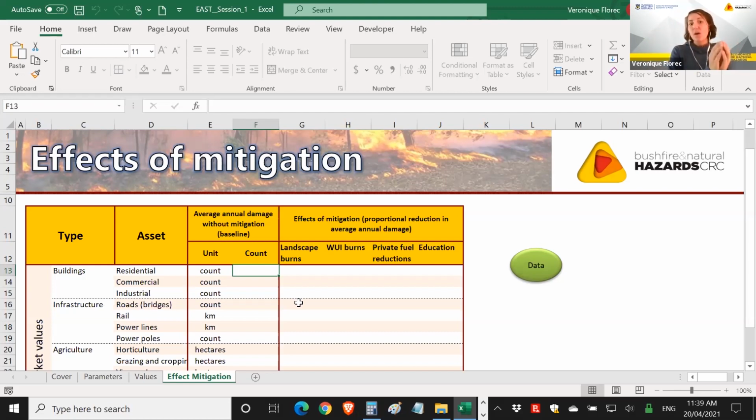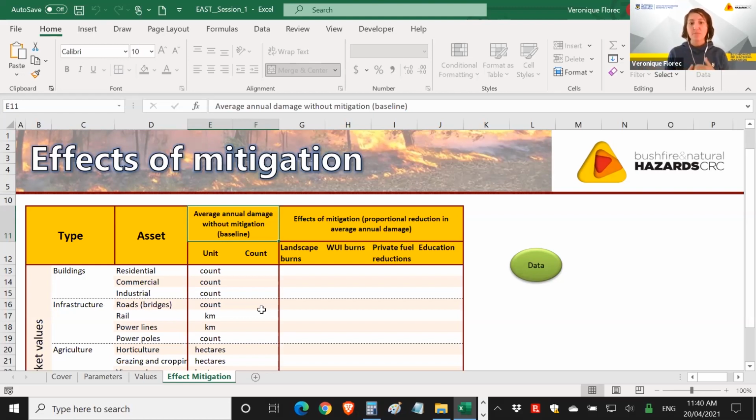Deciding on what our baseline scenario is going to be, or we call it the baseline scenario, or also the counterfactual, is also not necessarily an easy process. You have to be very clear about what you're going to compare things to. So here we have as a title, average annual damage without mitigation. In reality, you could have no mitigation at all, so no investment, nothing whatsoever.